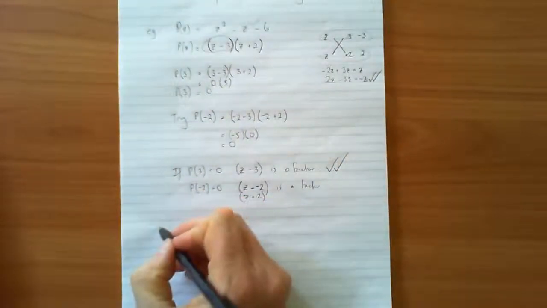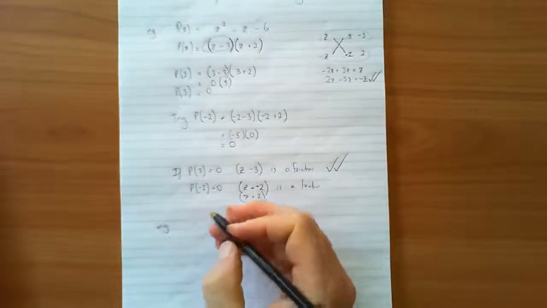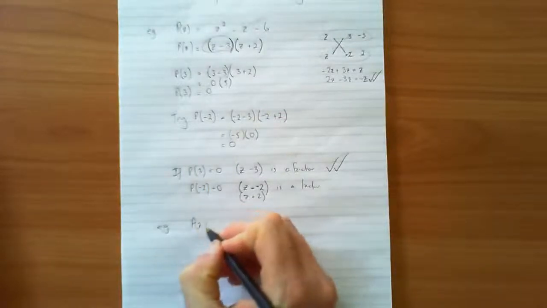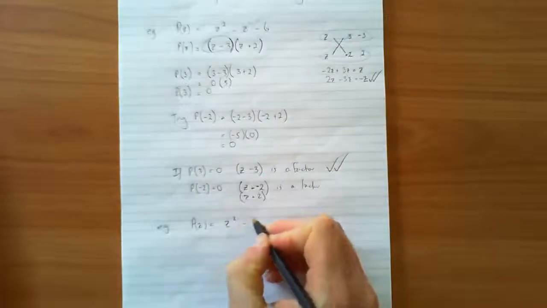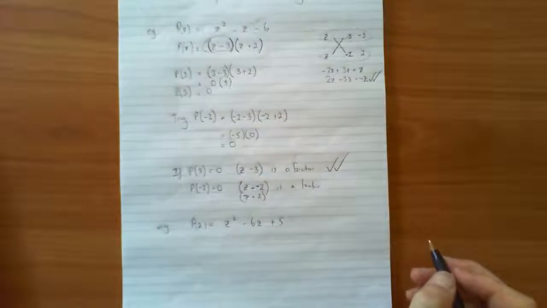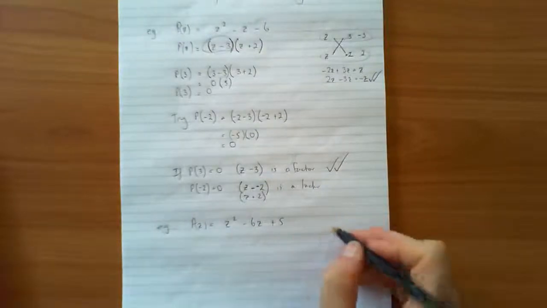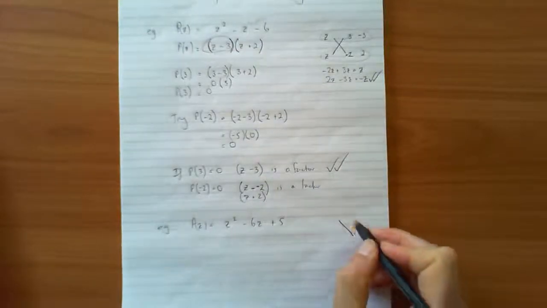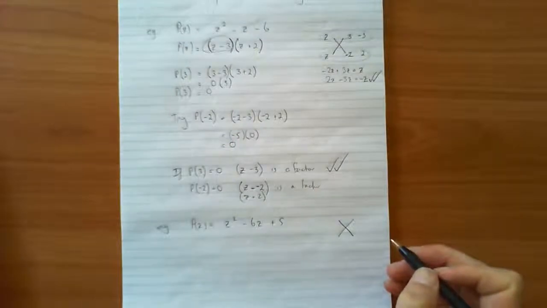Okay, let's have a look at one more example. Let's look at P of Z equals Z squared minus 6Z plus 5. If we're in year 9, we would do the cross method to factorize this.